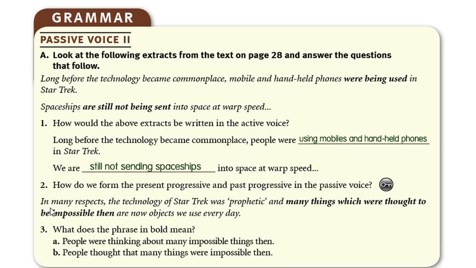In many respects, the technology of Star Trek was prophetic, and many things which were thought to be impossible then are now objects we use every day. Number 3. What does the phrase in bold mean? ماذا تعني الكلمة باللون الغامق؟ تعني people thought that many things were impossible then. الناس تخيلون أن تلك الأشياء مستحيلة في ذلك الوقت.